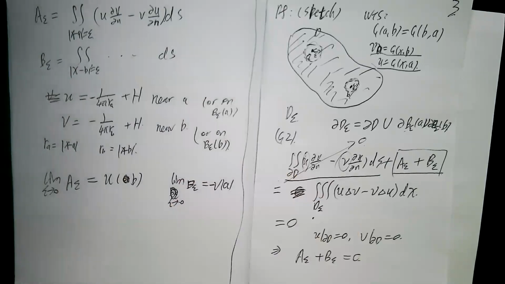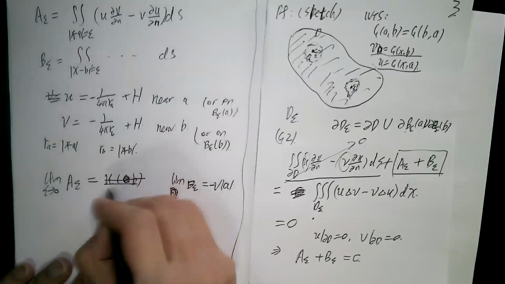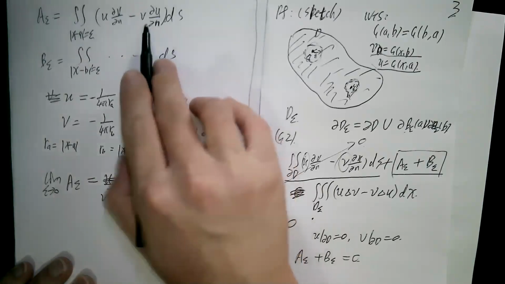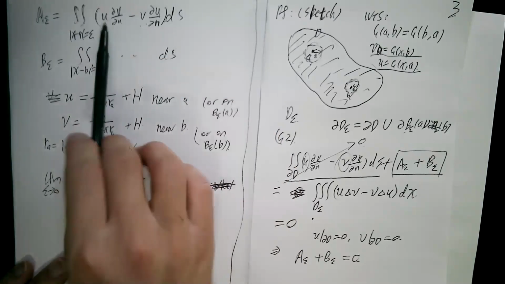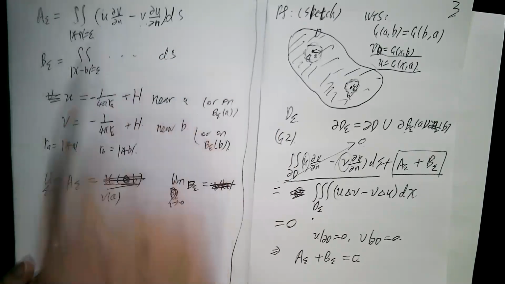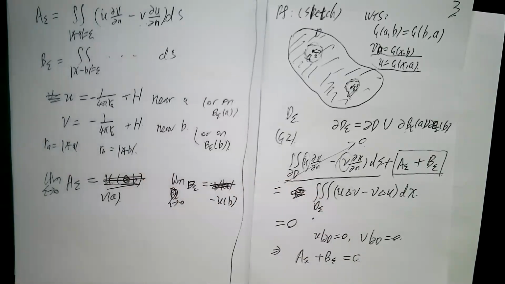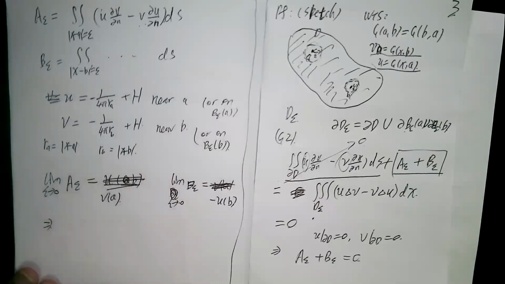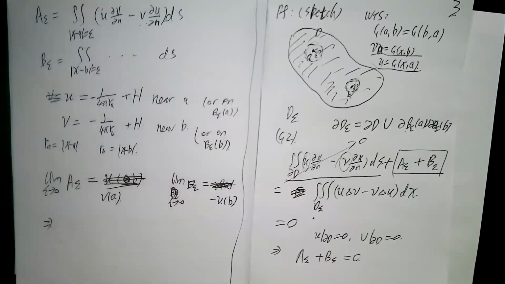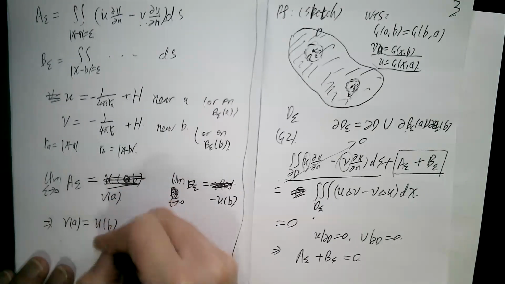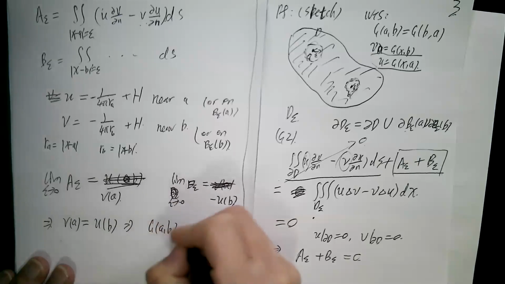No, I'm sorry, this is something wrong. This should be v(a), because this u will disappear, this term will disappear, and this will be minus u(b). So v(a) equals u(b), then G(a,b) equals G(b,a).